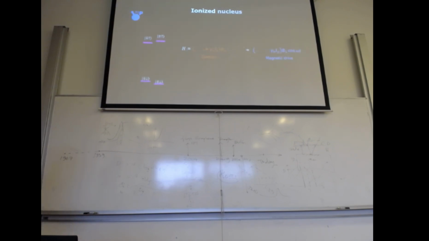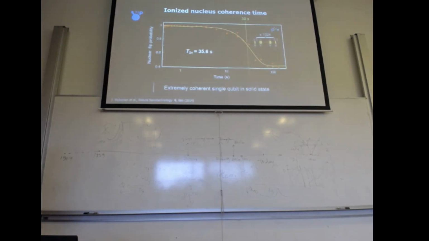Then finally the ionized nucleus. We can also perform NMR, of course, on the ionized nucleus, so really look at a phosphorus 31 nuclear spin, and now we only use the electron as a readout tool, so we only let it tunnel on to read out the nuclear spin. Then our Hamiltonian is only, all that's left is the nuclear spin terms, and the T1 is unmeasurable.